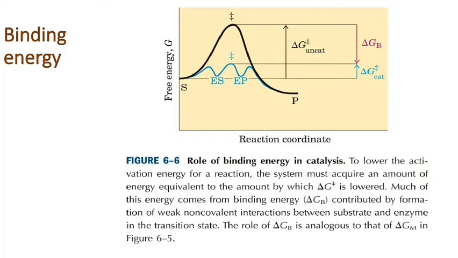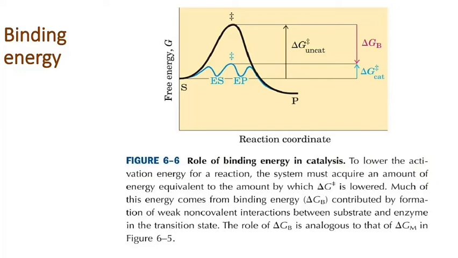Now, coming to binding energy. The binding energy is a major source of free energy used by enzymes to lower the activation energies of the reactions. The interaction between the substrate and enzyme in the complex is mediated by the same forces that stabilize protein structure, including hydrogen bonds and hydrophobic and ionic interactions.